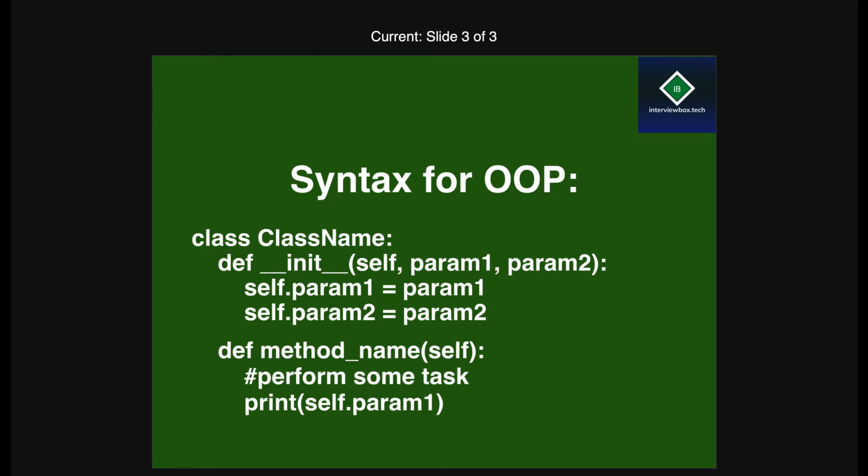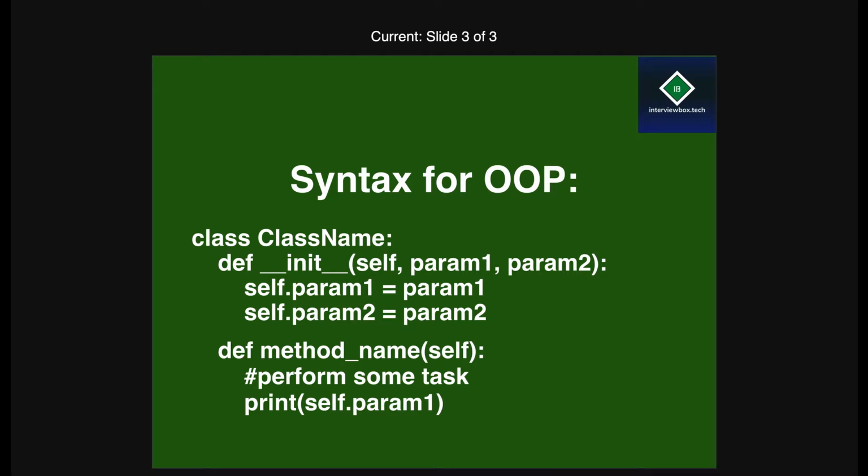Wherever you want to use param1 in your program, you will call it by using self.param1, and similarly for the other values. Then you define some other method or functionality for your object. Here I just wrote a very simple method in which I'm just printing the value of one of my parameters. So that's the syntax.